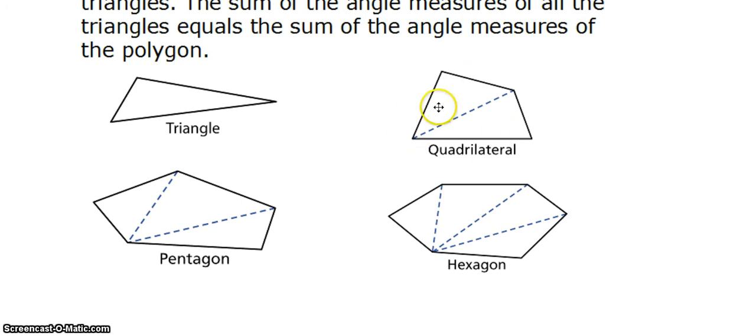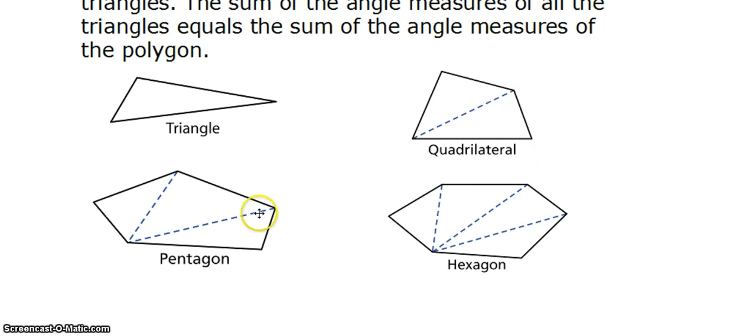In a quadrilateral, from a particular vertex, we can draw one diagonal forming two triangles, right? And so this quadrilateral, as all quadrilaterals, has 180 times 2, or 360 degrees in its 4 vertices.